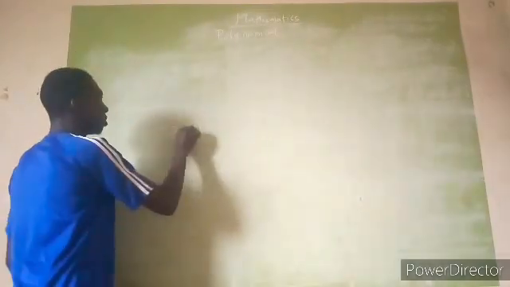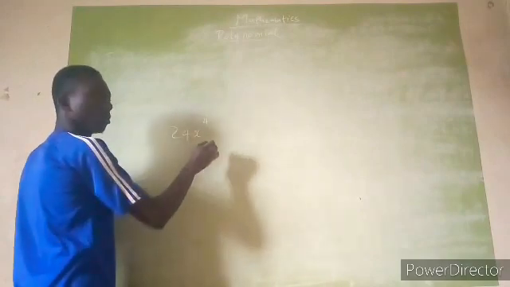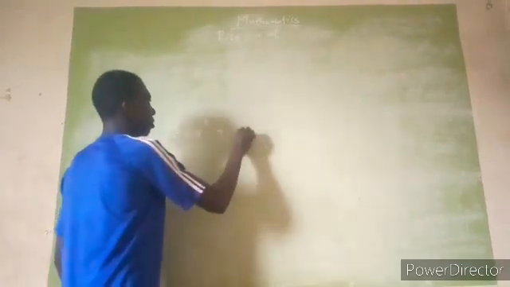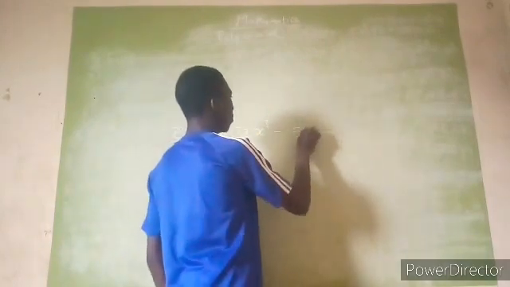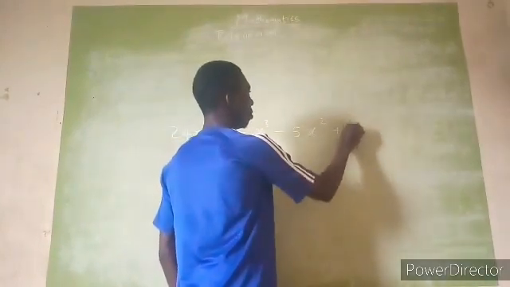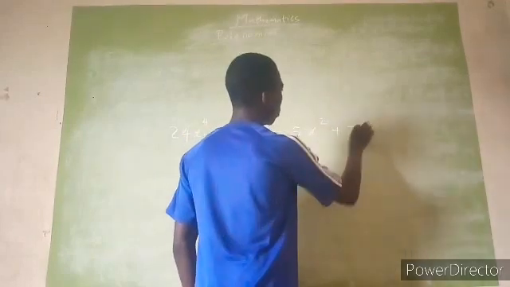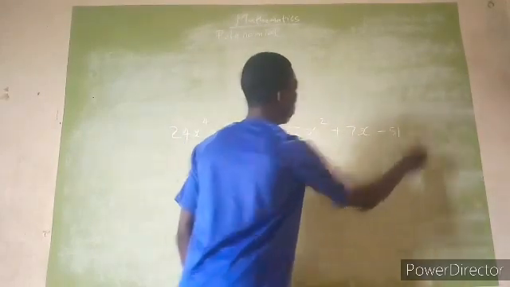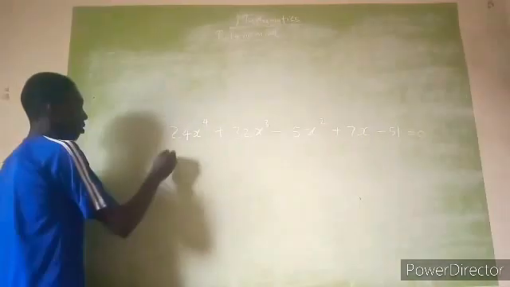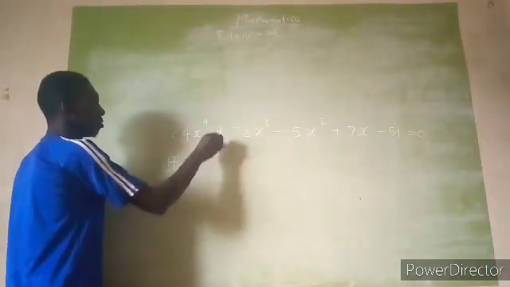When we're doing polynomials, there are sometimes, for instance, if we are given 24x to the power 4 plus 32x cubed minus 5x squared plus 7x minus 51 equals 0. If you are given this, then I say, okay, if x is equal to 17, evaluate this.